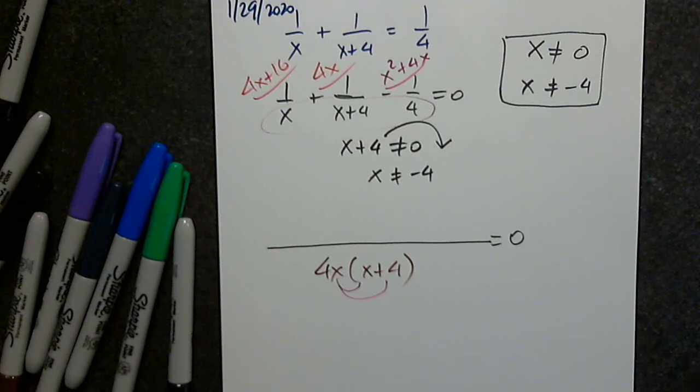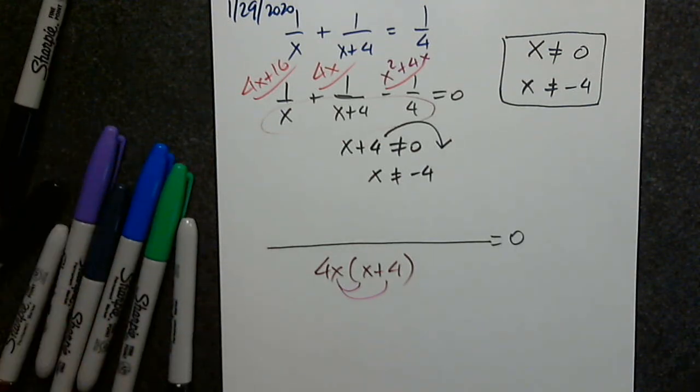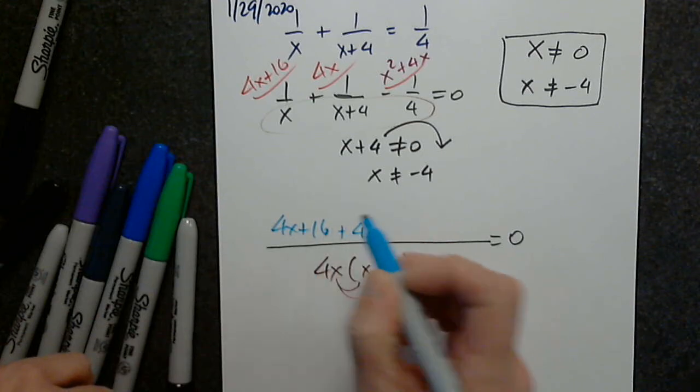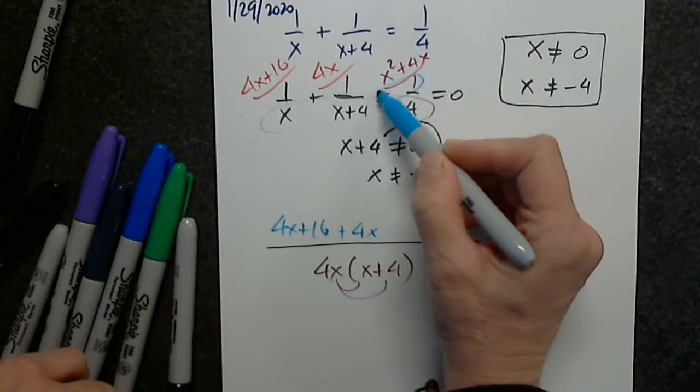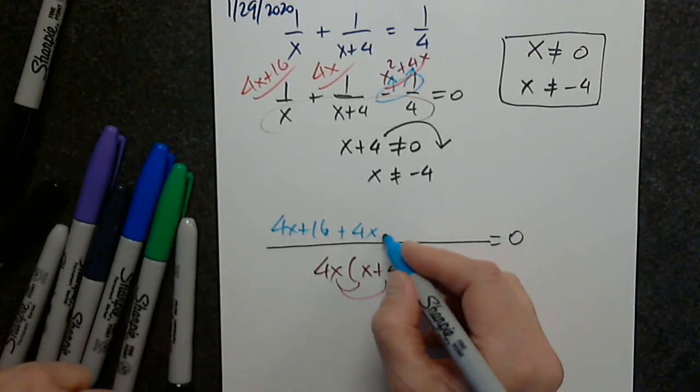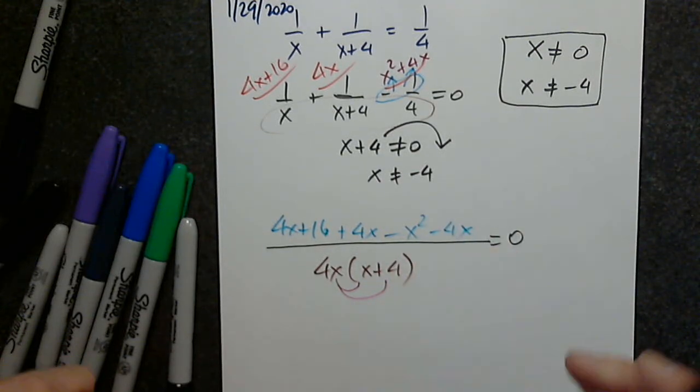Okay, now can anyone give us the numerator of this fraction? 4x plus 16 plus 4x plus x squared plus 4x. So we are distributing the negative to two terms, so minus x squared minus 4x. Perfect.